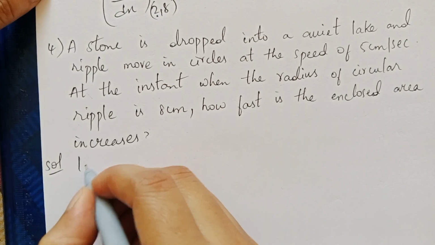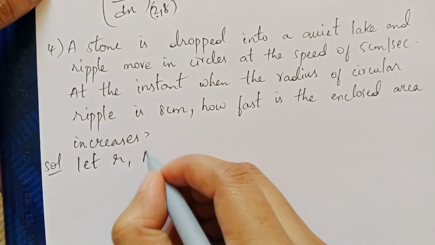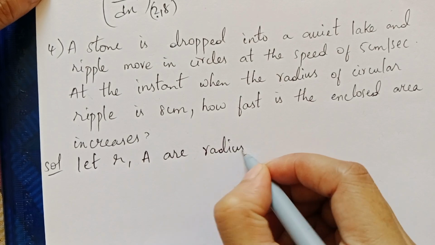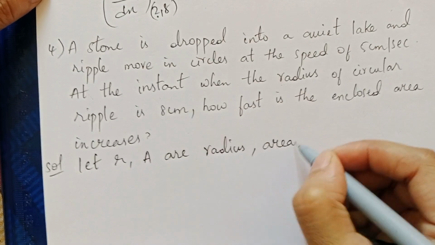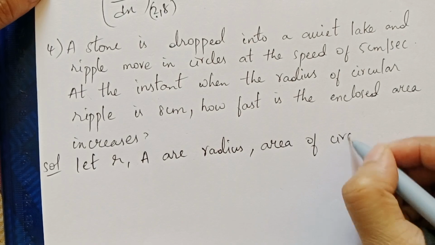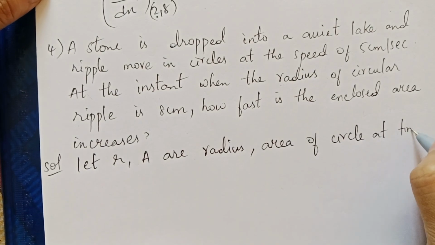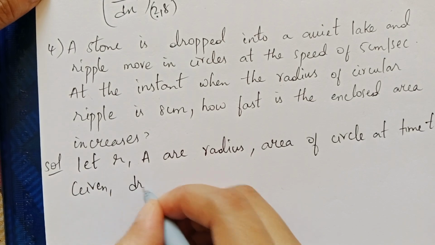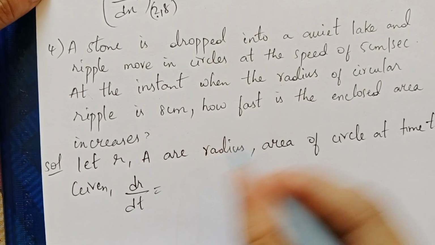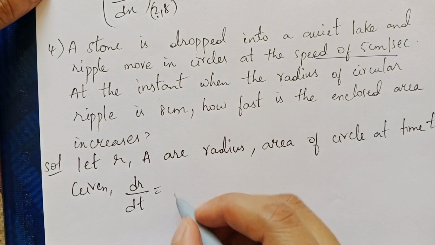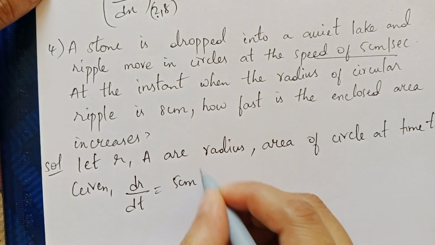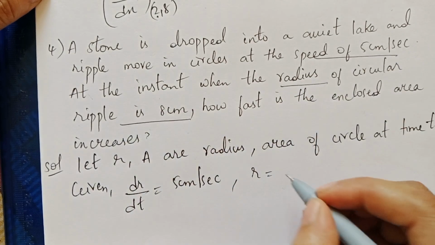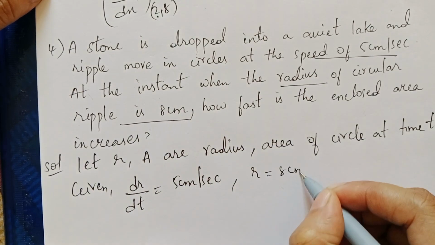So let us consider r and capital A as the radius and area of the circle at time t. Given dr by dt is equal to the speed of the ripples, which is 5 centimeters per second, and the radius is given as 8 centimeters.